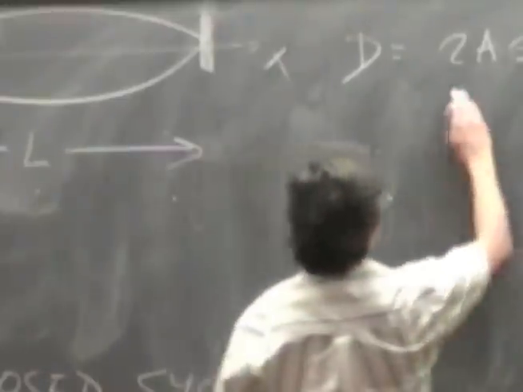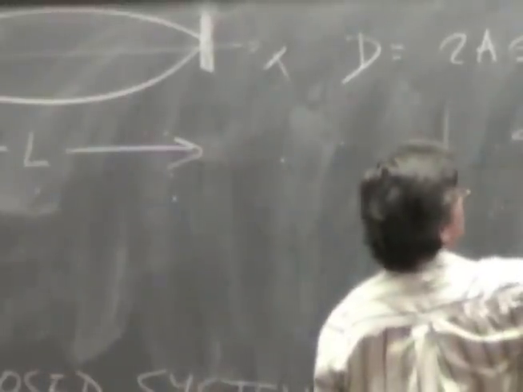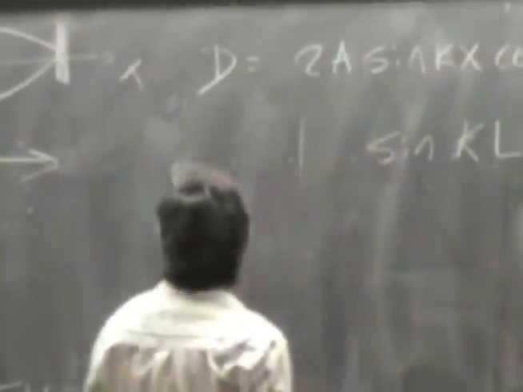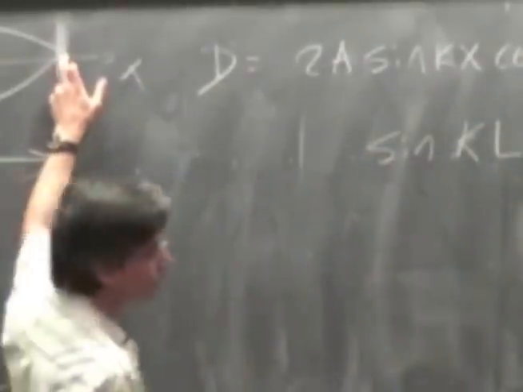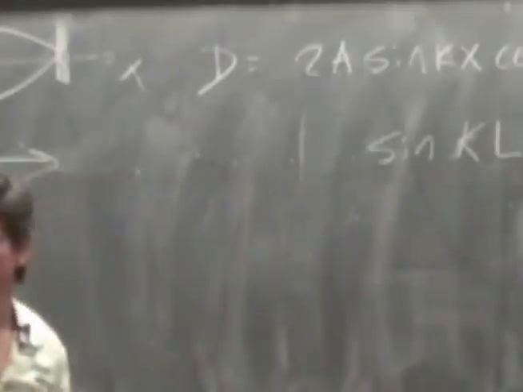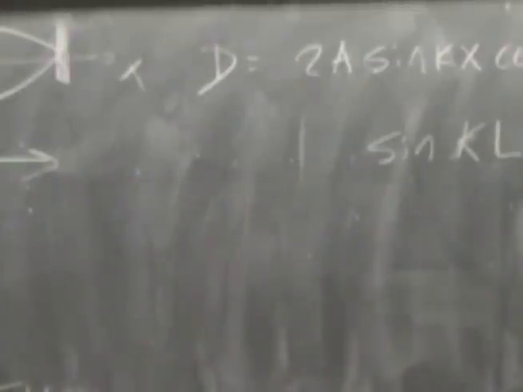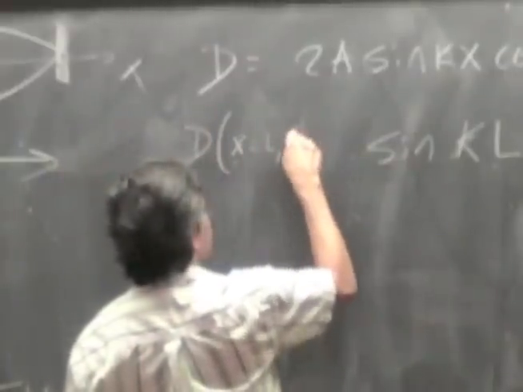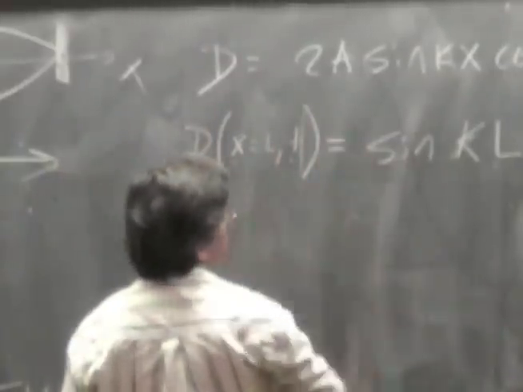So that means we're going to have to make sure that the sine of kL, when x is equal to L, you're over here, is equal to 0, because we know that the displacement at the end should at any time be equal to 0.